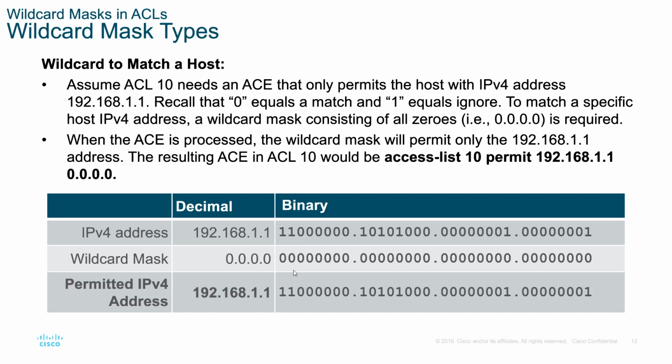Yes it does, yes it does, yes it does. And it does this check all the way down, and all 32 bits match, so therefore it does the action resulting from that line, which is permit. So this traffic is allowed to continue its journey through the interface.